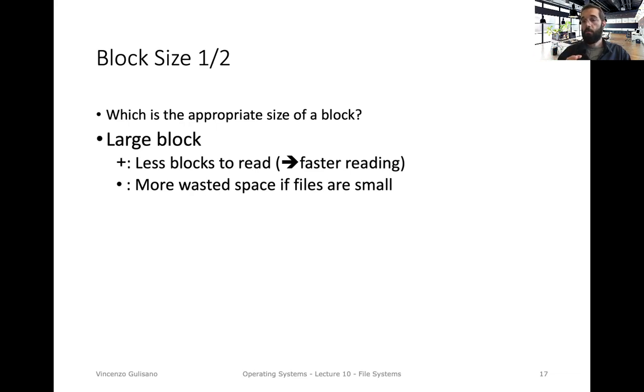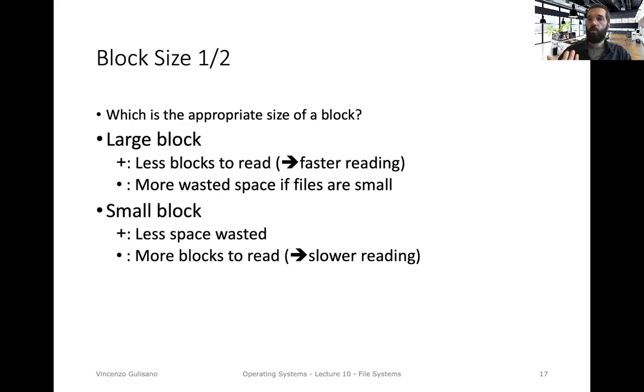On the other hand, if a block is, let's say, 1 megabyte, and you want only to write a file that takes a couple of bytes, then you're going to waste a big chunk of that block because you can only write blocks. On the other hand, if you use small blocks, you can better utilize the disk because you waste less space, but then you need to read or write or access in general more blocks when you have to do something with a file.